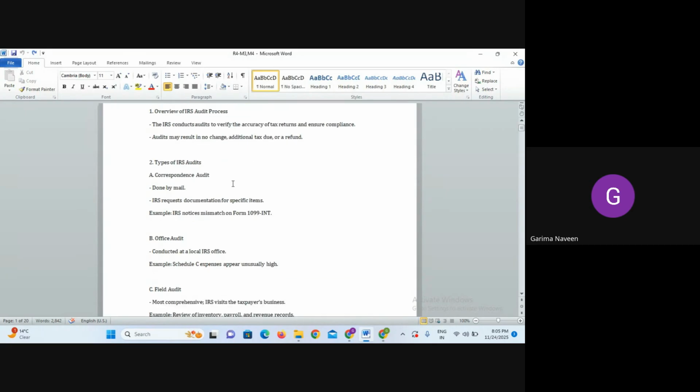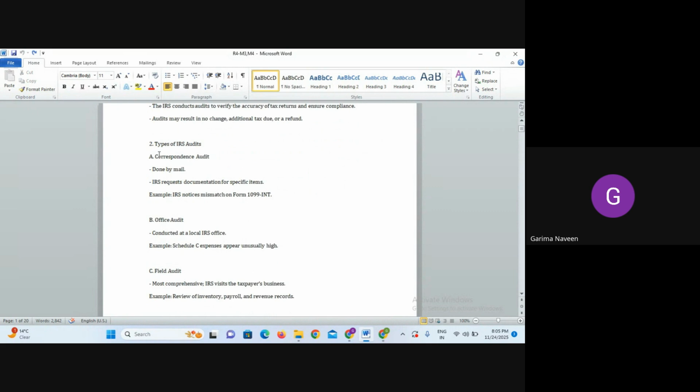Okay. So, types of IRS audit. First is the correspondence audit. A correspondence audit is done by mail. The IRS requests documentation for specific items, like an IRS notice of a mismatch on Form 1099-INT. That form is filed to show our interest income.